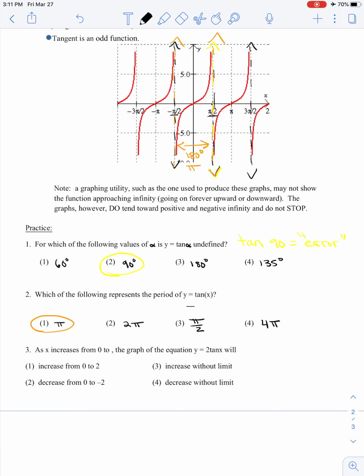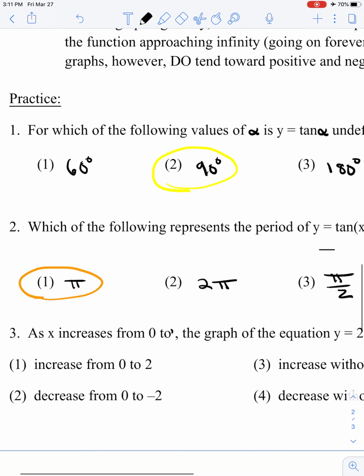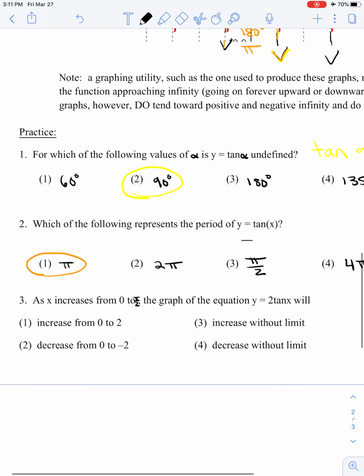Okay, let's take a look at the last question. So as x increases from 0 to, just add this in here, that should say pi over 2. I want to know what the graph of y equals 2 tangent x looks like. So if you go to your calculator and you type in 2 tan x, I want you to take a look at it.